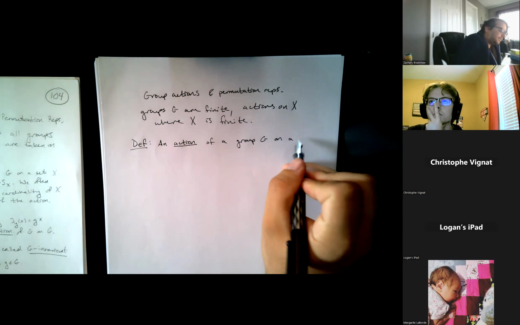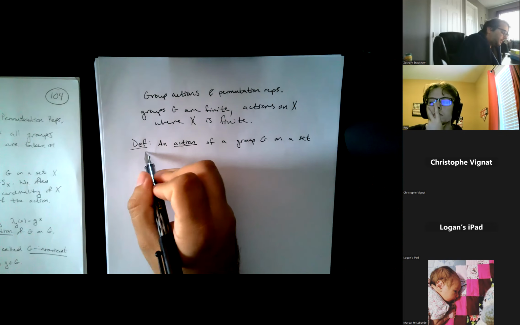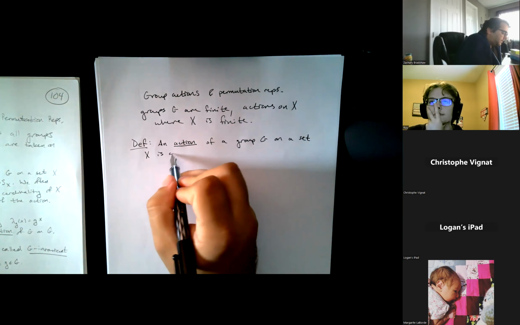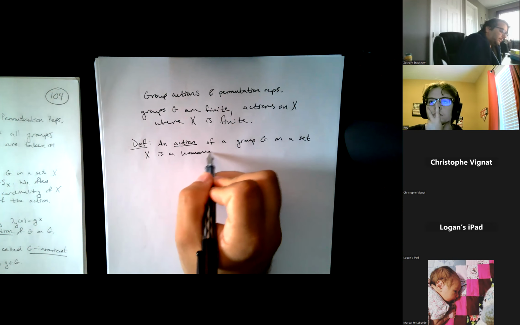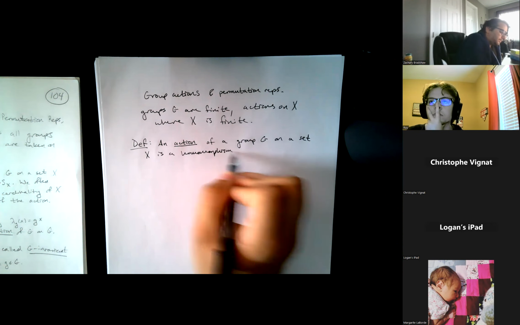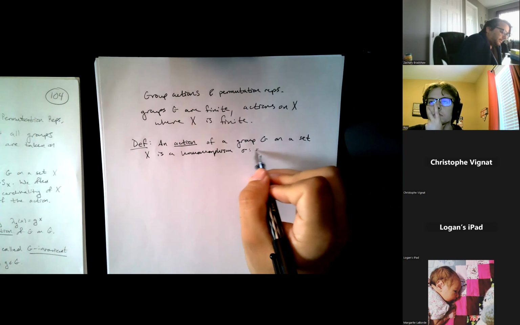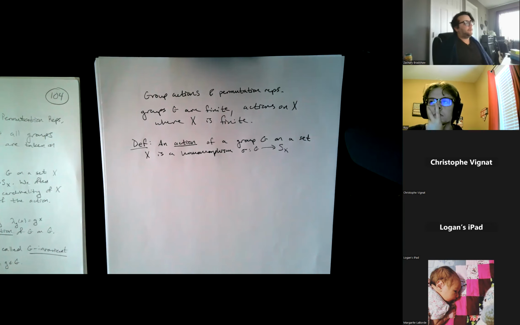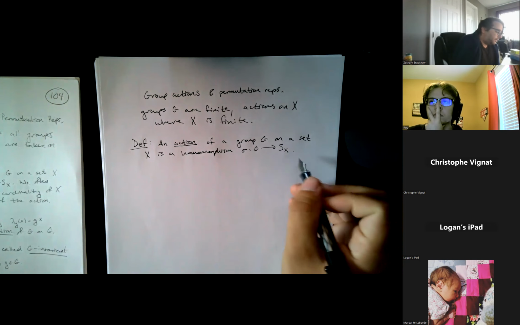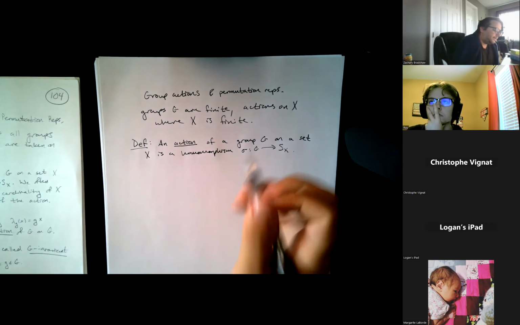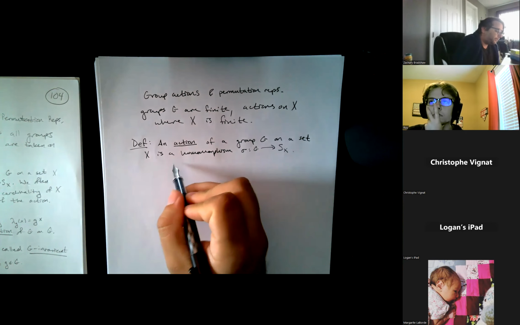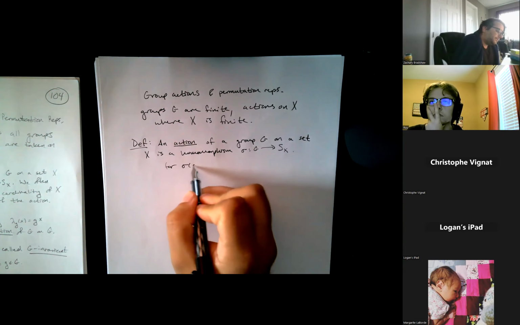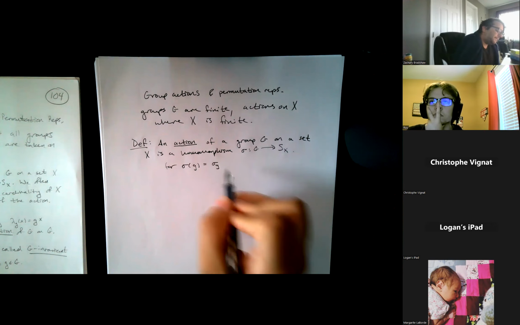But Steinberg restricts to homomorphisms between the group and the symmetric group on X, so all of the bijections of X with itself. So we often, again, just like with a representation for sigma of G, we'll just write sigma G.